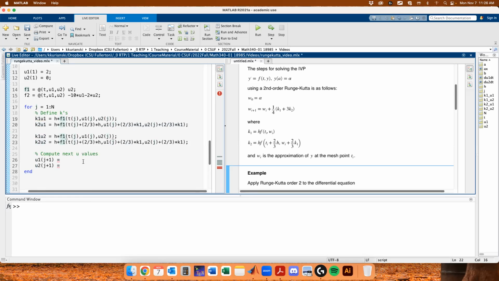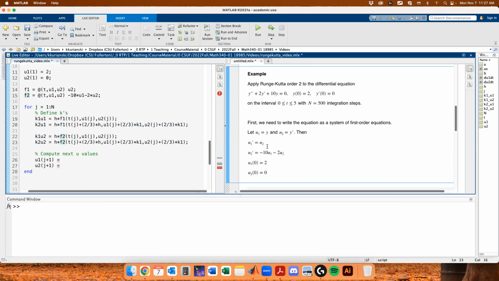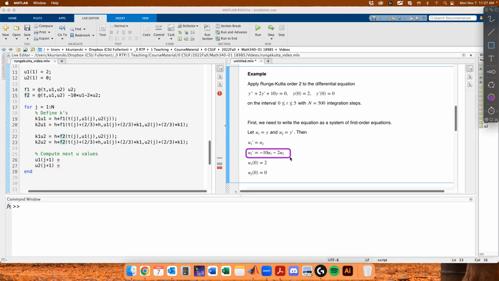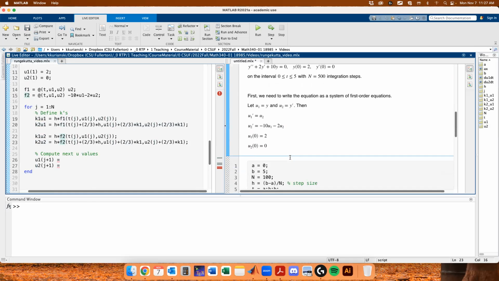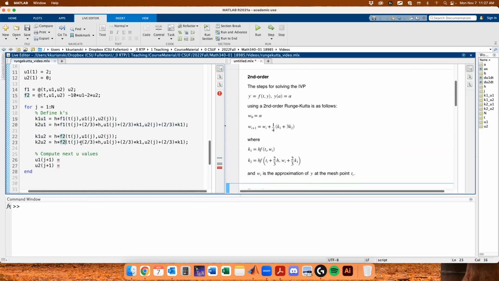So I'm going to update all of the things I need to update here. The f should be f2 because I'm thinking about this equation with u prime. Sorry, let me scroll down a little bit. I need to apply it to this equation, so I need to use f2. Okay, oops. Let's go back up here.